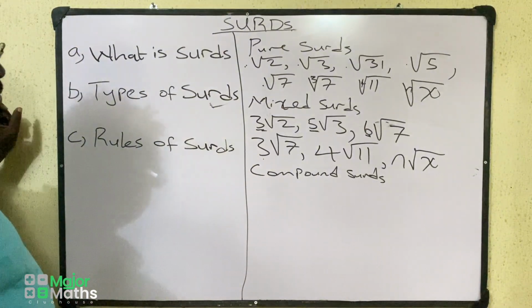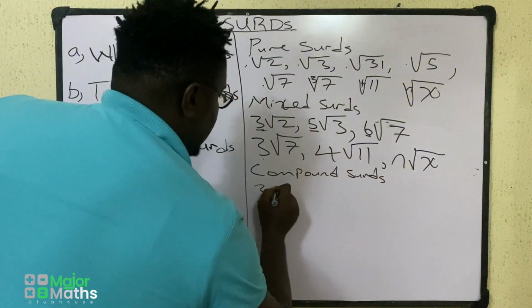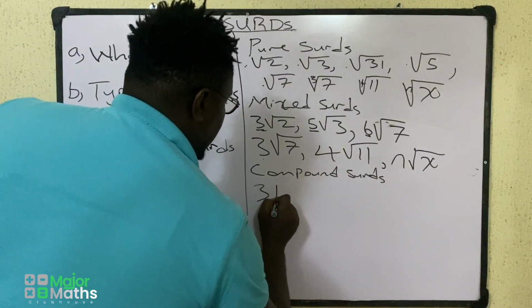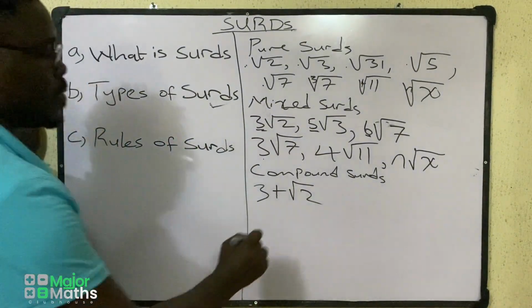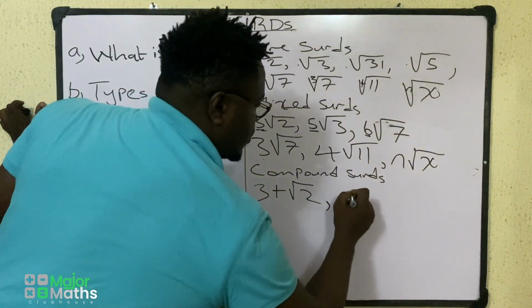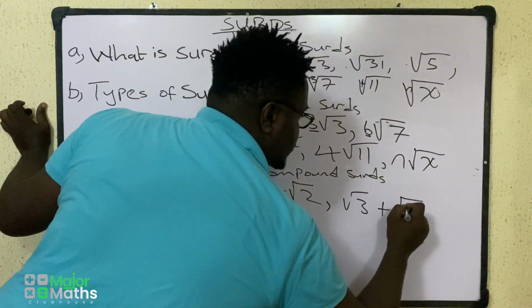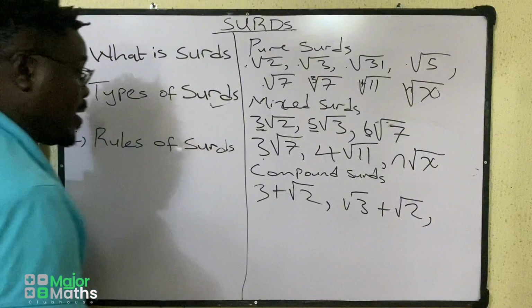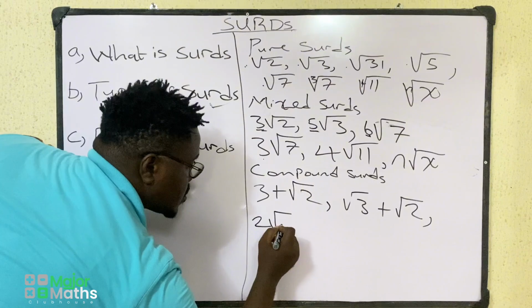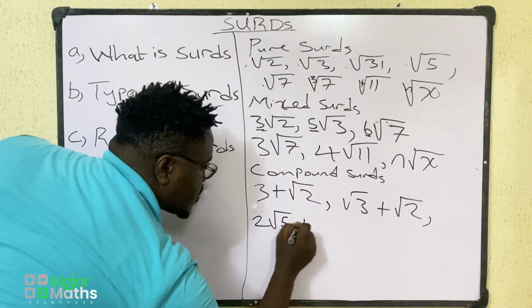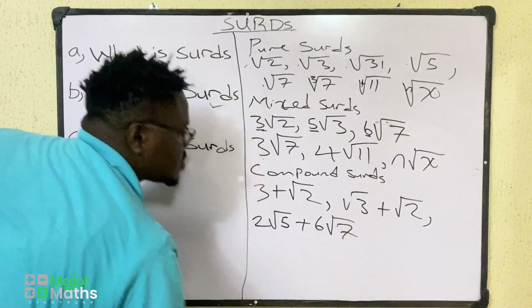Alright, so for compound surds, we have 3 plus root 2. We have root 3 plus root 2. We have 2 root 5 plus 6 root 7.